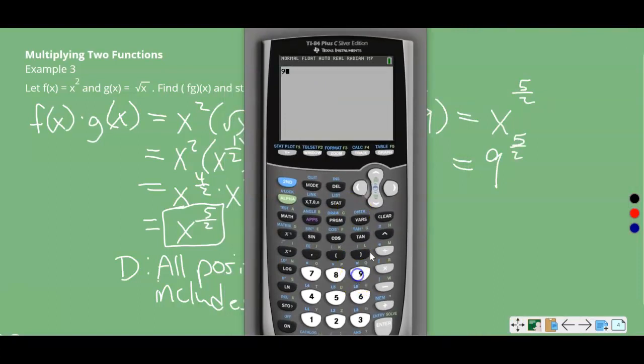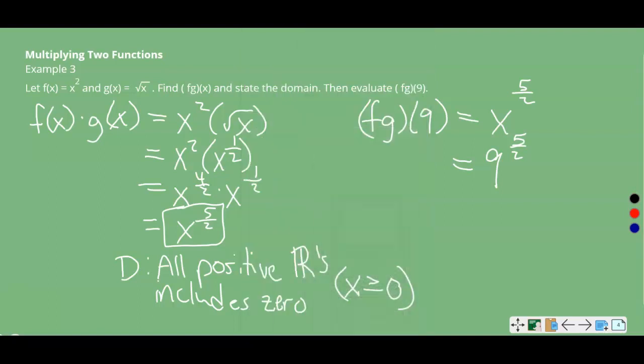I'm going to do 9 raised to the 5 over 2. And 5 over 2 is greater than 2, so we know this number is going to get larger. That's our exponent. So hit enter. And the answer to that is 243. And since we know that's got to get a lot larger, that does make sense. So 243.